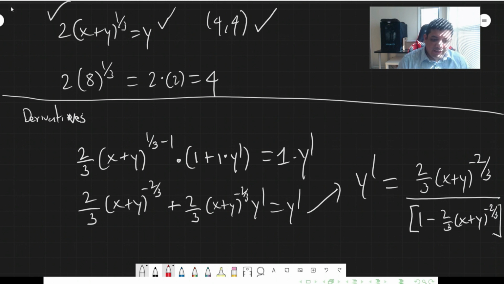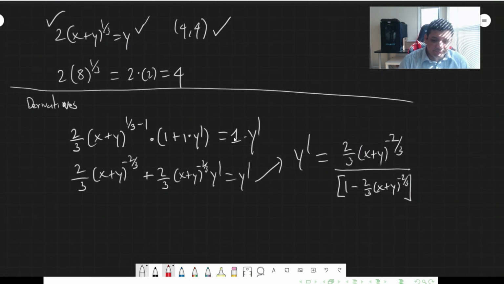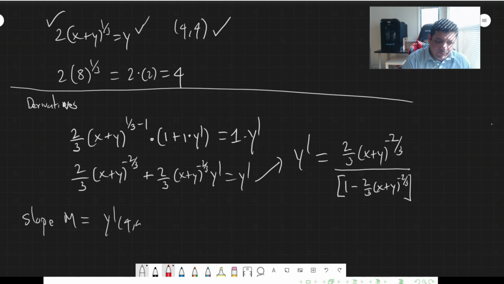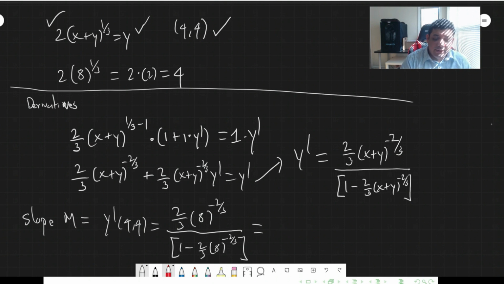Now, if we're going to get the slope, m equals y prime at (4, 4), and so I've got to plug in here x and y, so that's going to produce an 8. Okay, then we can simplify. The cube root of this is 2, so this is 2 to the minus 2 at the end.